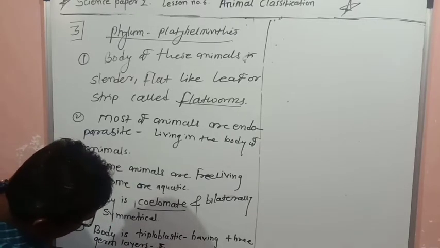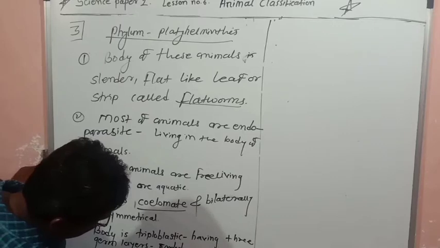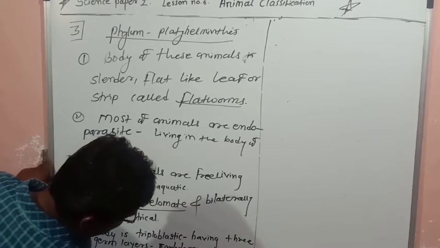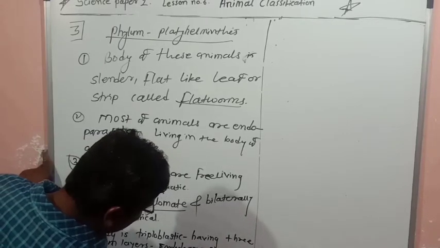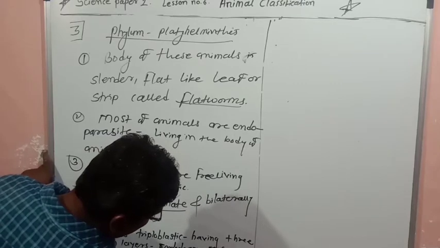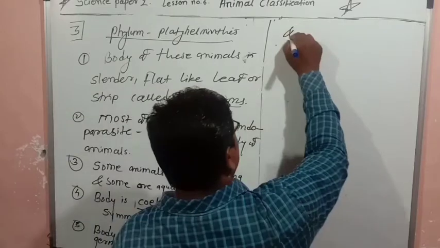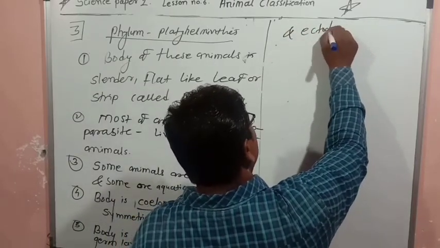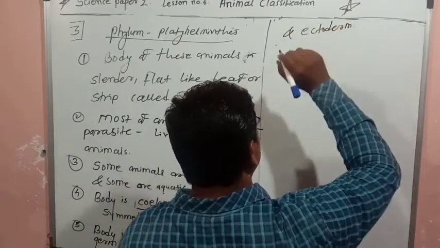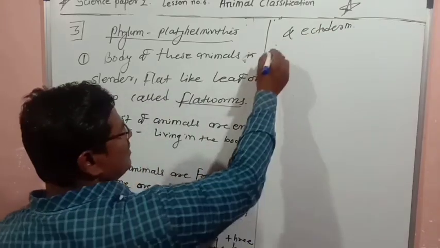Endoderm, then mesoderm, and ectoderm. These are the 3 germ layers.